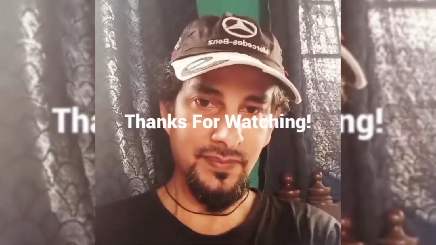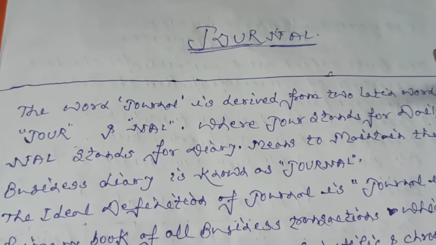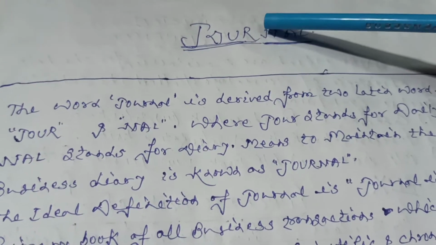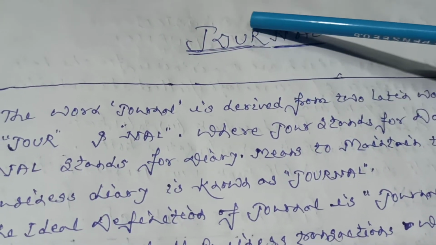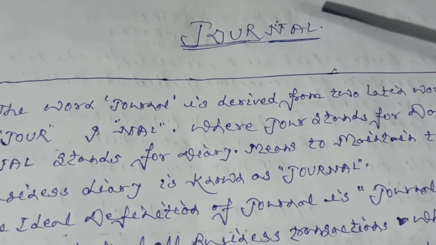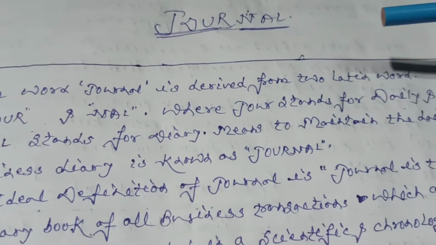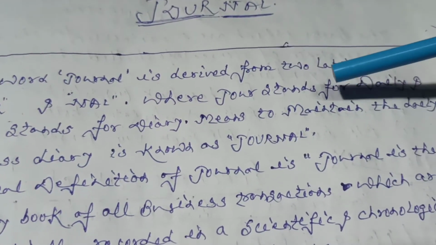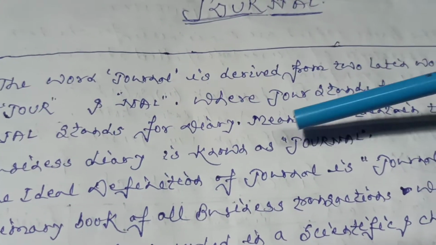Okay guys, let's start with the definition and the origin of journal. Journal is the combo of two Latin words, jar and nal, where jar stands for daily and nal stands for diary.